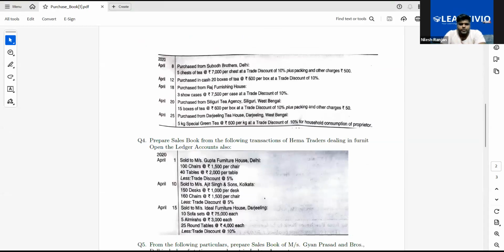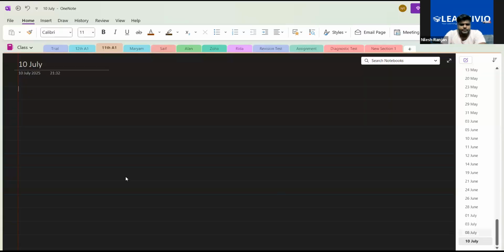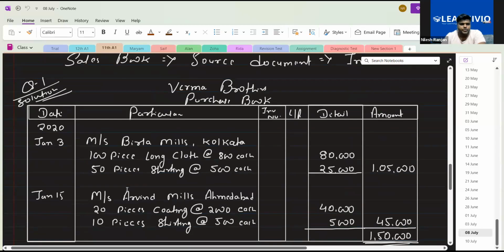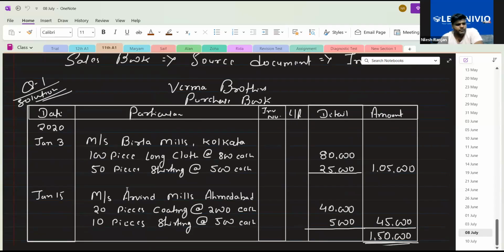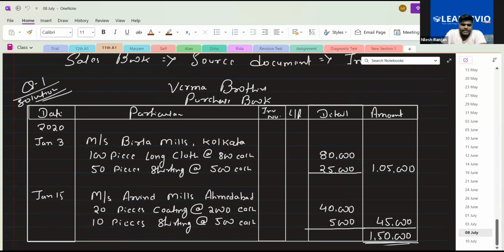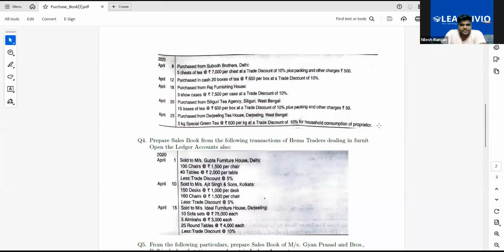Do you remember the format of the purchase book? If not, you can see here. This is the purchase book. After the purchase book, it is the sales book. The format is also the same for the sales book. You have not received this homework?